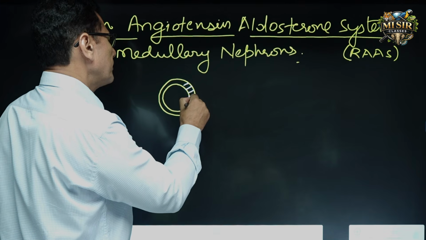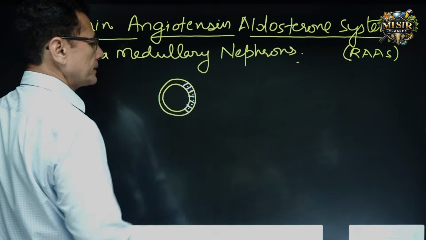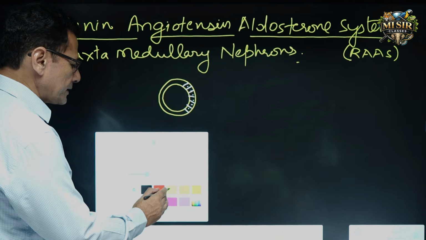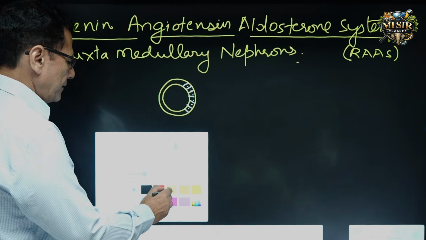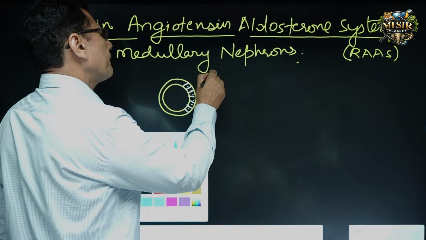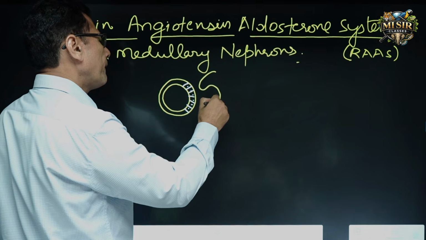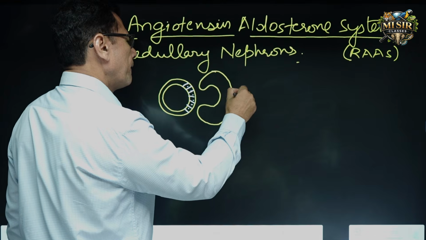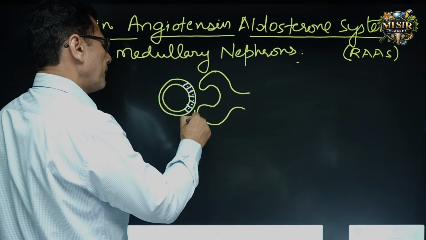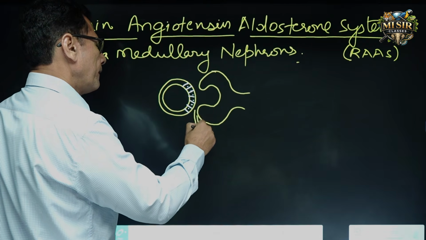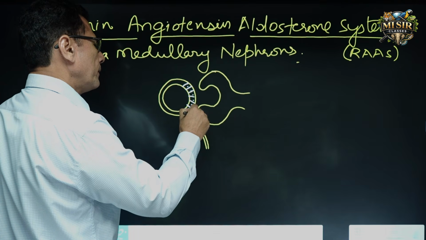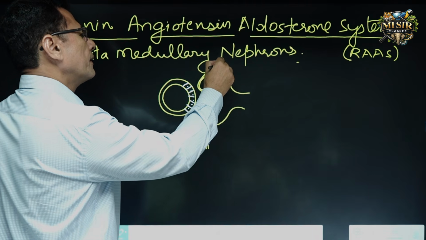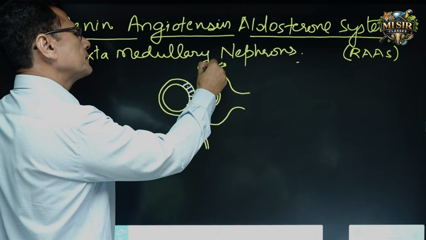They are known as macula densa cells. They are chemosensory cells. And in juxtamedullary nephrons, there is glomerulus or glomerular capillaries which are formed by afferent arteriole. Suppose this is glomerulus, this is afferent, and this one is efferent arteriole.